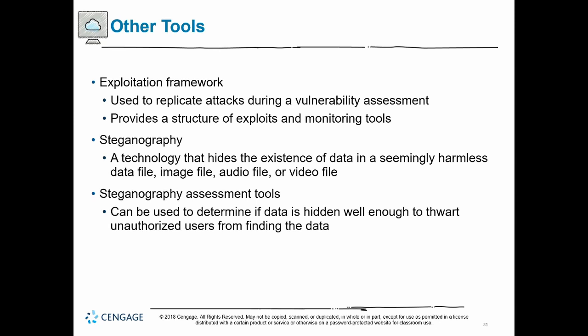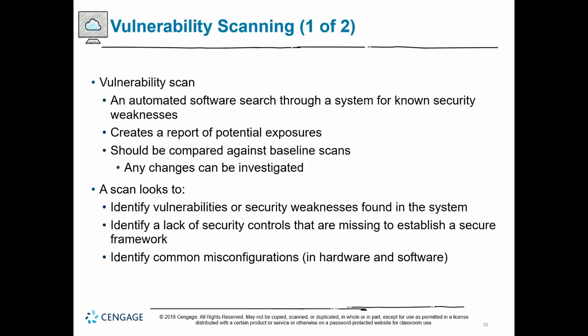Steganography assessment tools can be used to determine if data is hidden well enough to thwart unauthorized users from finding the data. So a vulnerability scan is an automated software search through a system, right? Essentially you scan with your vulnerability scanners, and then usually you can create reports with the greatest risks and potential exposures, and you can compare them to baseline scans.